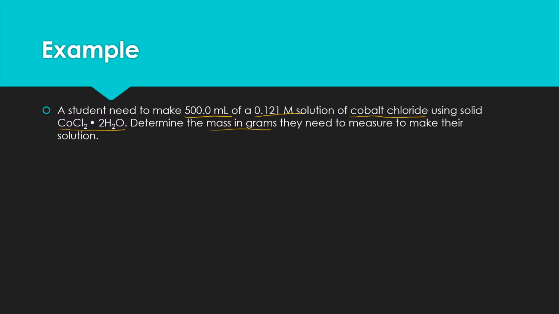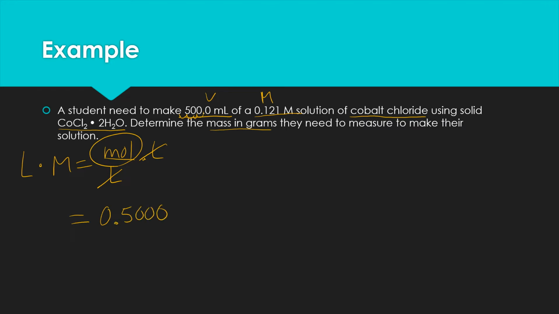So if we have a volume and a molarity, we can always find moles. So molarity equals moles over liters, going back to our original equation. We can multiply both sides by liters, and that gives us our moles. So our volume in liters, we're going to divide this by 1,000. So we get 0.5000.